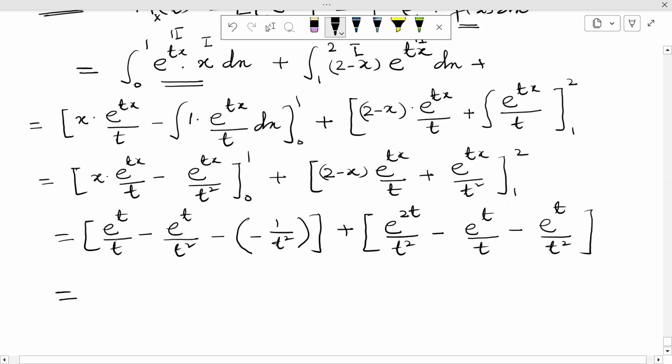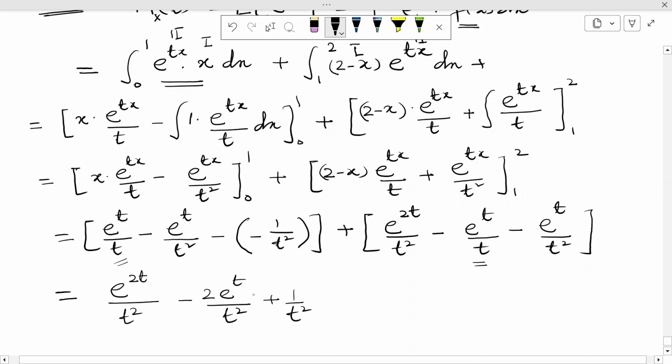We are also having this e to the power t over t with plus sign, and this e to the power t over t with minus sign, so this will be cancelled out. So we are having e to the power 2t over t square minus 2 times e to the power t over t square, and we are having plus 1 by t square.